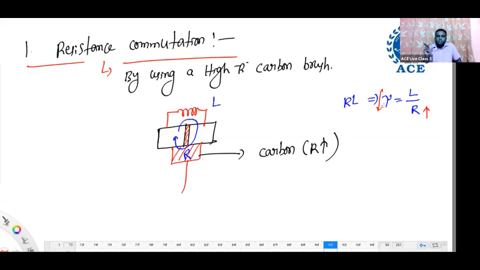The best example is control system. If you give a step input, the step response will come. How many time constants will it take for a step response to reach steady state?